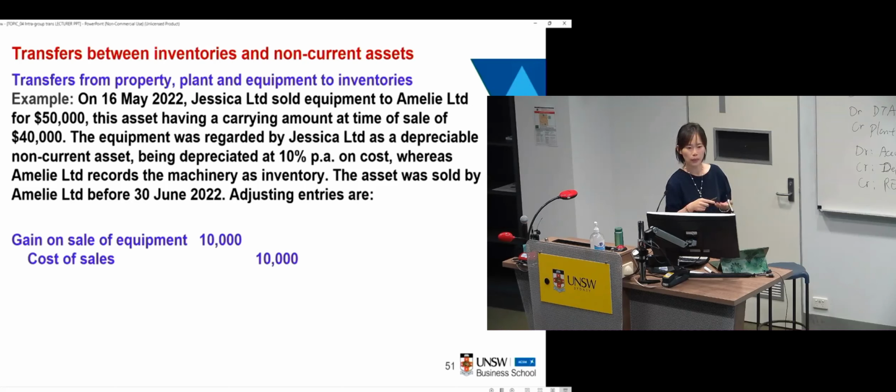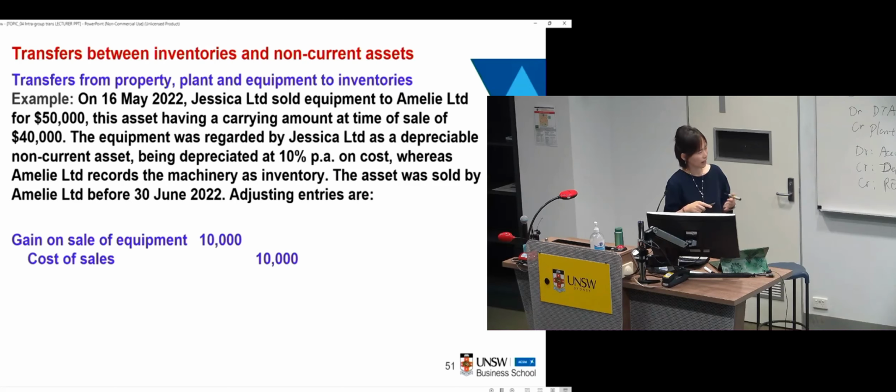However, from the group viewpoint, the cost of goods sold should be 40,000, represented by the carrying amount at the time of the transfer, right? So you can see the cost of goods sold in the record of Amelia is overstated by 10,000 and therefore needs to be reduced in the worksheet.